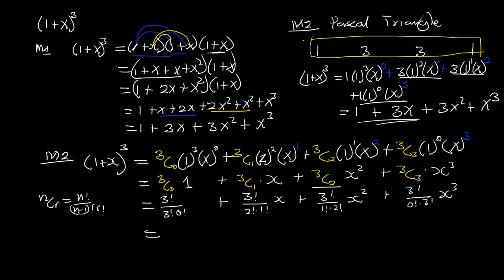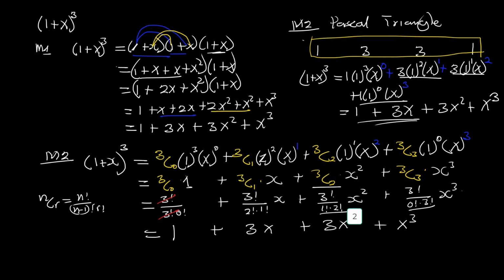Now this gives us 1, because this cancels that, and we have 1 plus 3x, plus this term gives us 3x, and the last term here gives us plus x cubed.